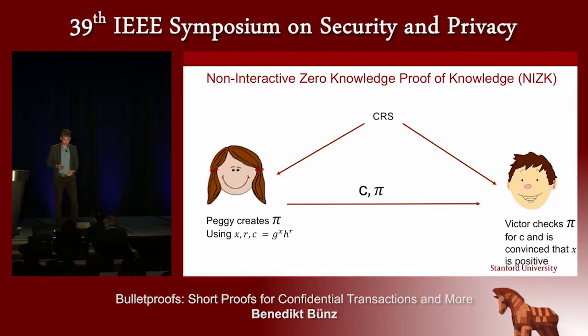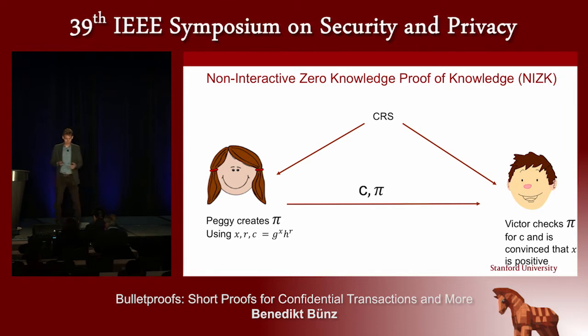So cryptography comes to the rescue: we can do this using a non-interactive zero-knowledge proof of knowledge. Peggy, a prover, can use a common reference string that is available to both the prover and the verifier and create a proof that the value she committed to is actually positive. This is, say, the proof for the output.